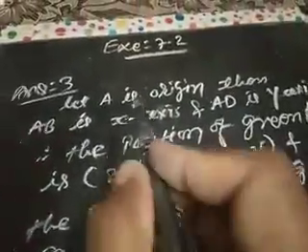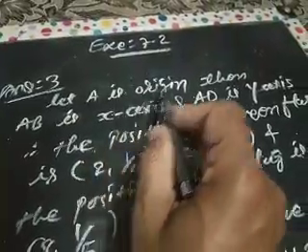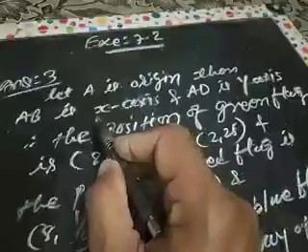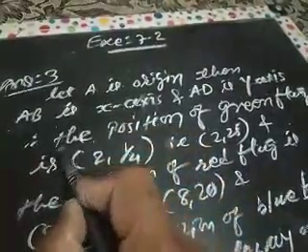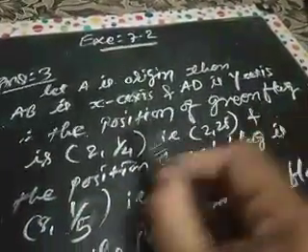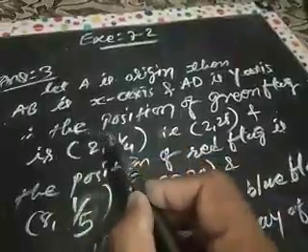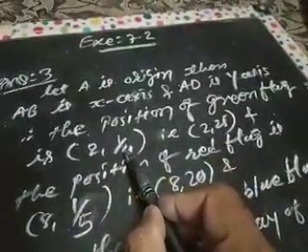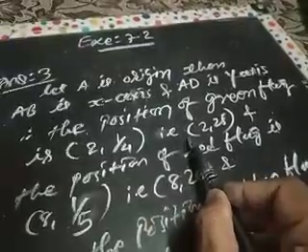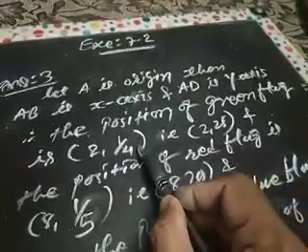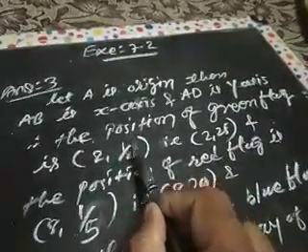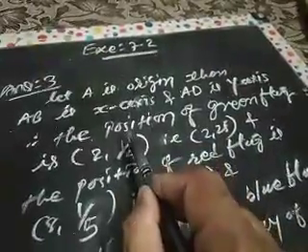Okay, so now answer number 3. Let A be the origin, then AB is the x axis and AD is the y axis. So the position of the green flag is, as per the ground, (2, 1/4 of 100), that is (2, 25). 1/4 of 100 on the y axis is 25 meters, since there are 100 flower pots.